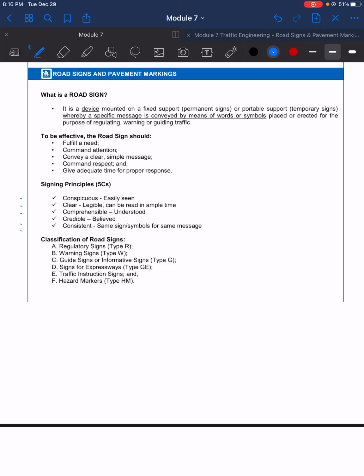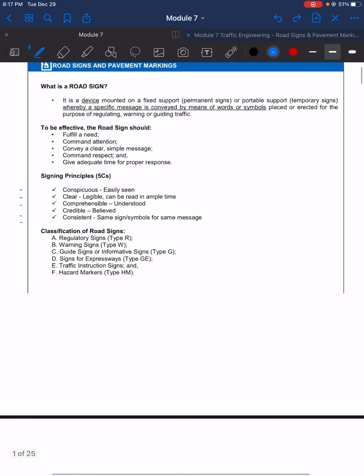Now, there are 6 classifications of road signs. The first one is regulatory signs, the type R. For the names of our signages, I sometimes write R-1, R-2, R-3 for regulatory signs, or, since most of the public is not familiar with those R numbers, I just put the very common name of the road sign, or symbols.